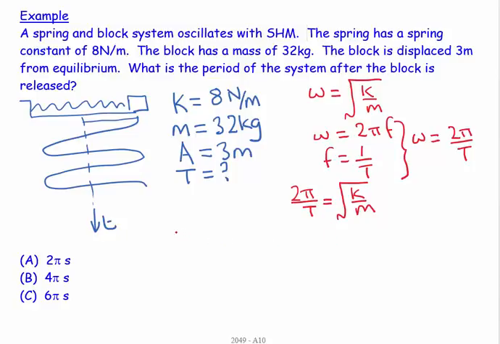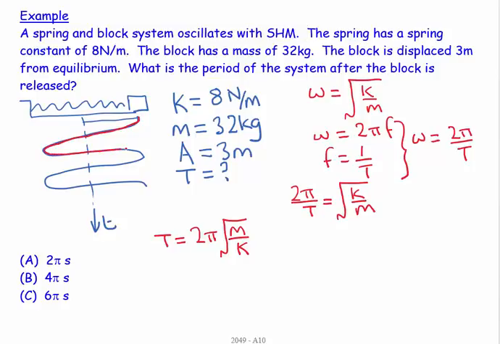And so rearranging, I can see that T is equal to 2 pi times the square root of m over k. And I can stop for a second.